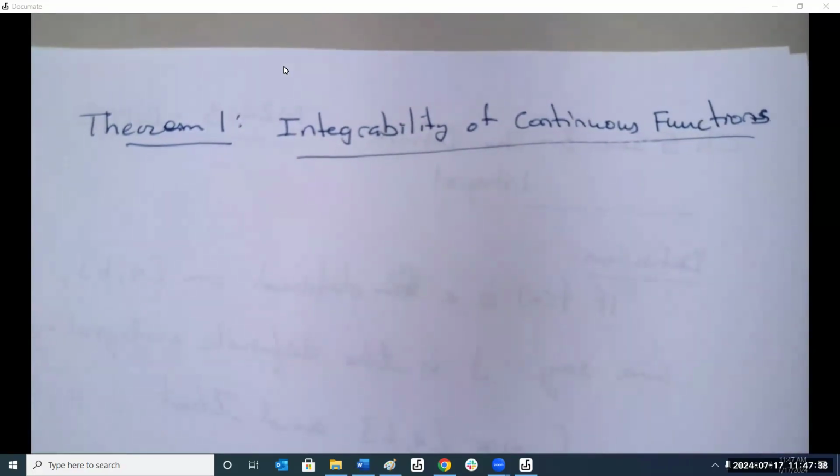Again, why does it matter if it's continuous? Because remember, f inside our integral, that's the derivative. In order to take a derivative, you have to be a differentiable function. It has to be continuous, and the limits have to exist at all points. That goes back to chapter 2.